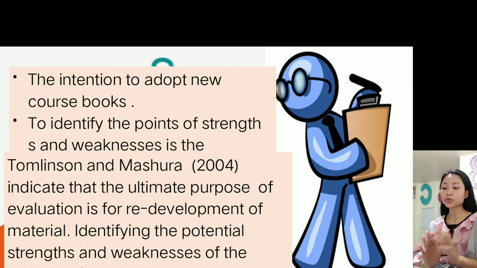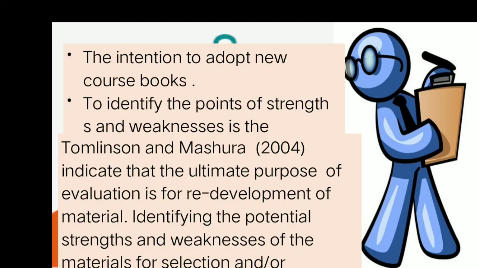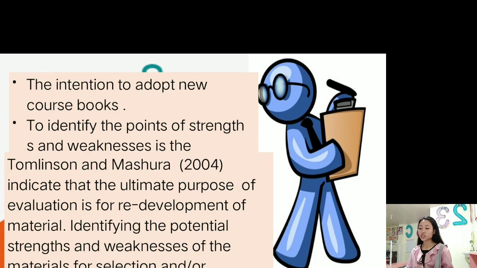In-use and post-use evaluation are important in establishing how successful learning materials are. So the purpose of materials evaluation is for us to be able to determine which aspects of previous materials are popular and successful.